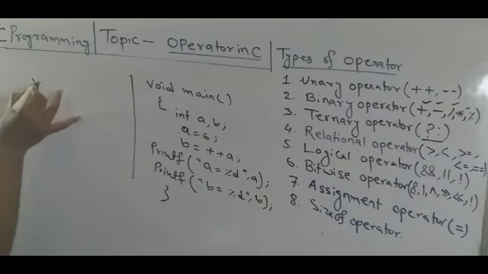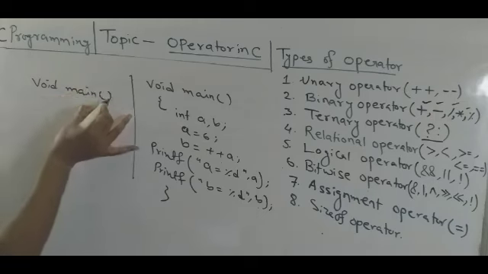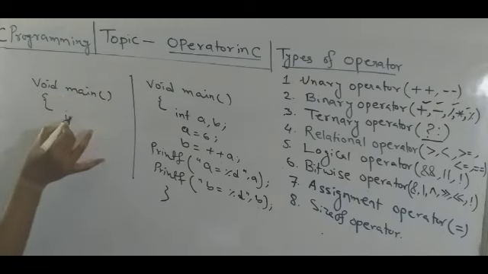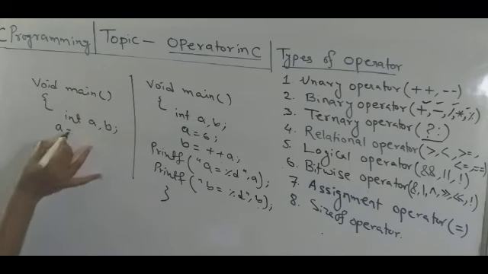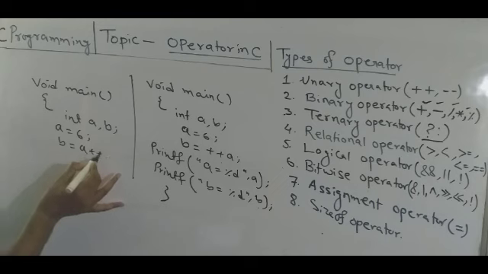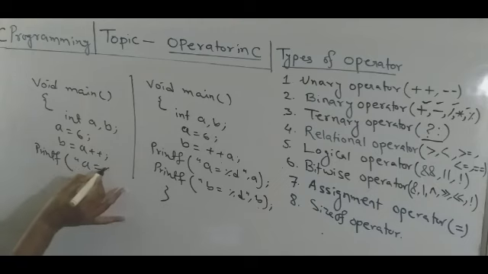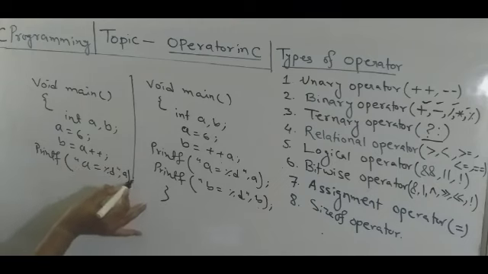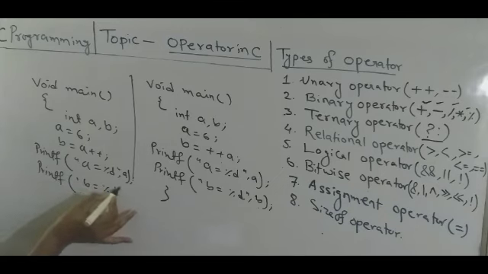And in the same program we use void main, int a comma b, a equal to 6, b equal to a plus plus, and printf a equal to %d comma a, printf b equal to %d comma b.